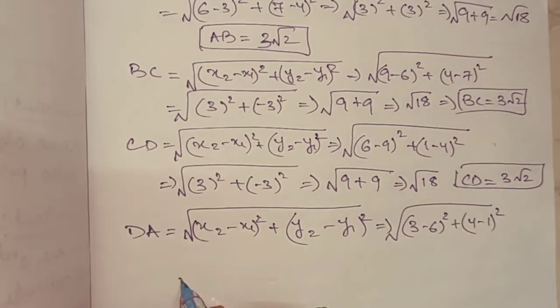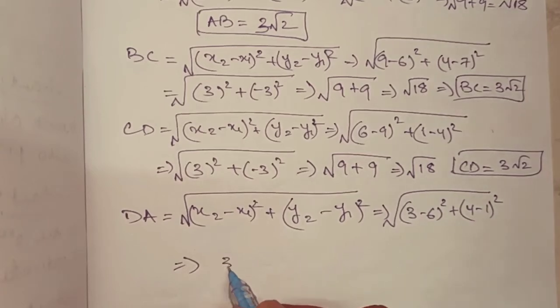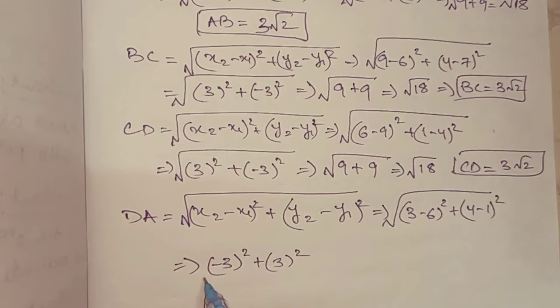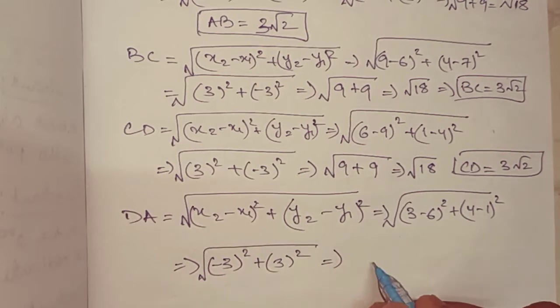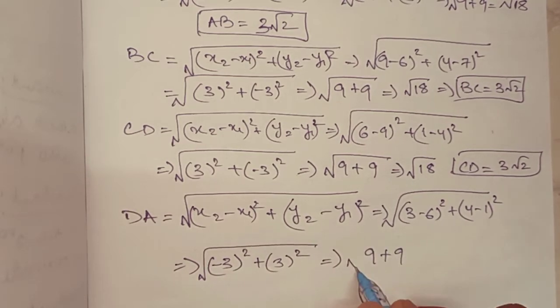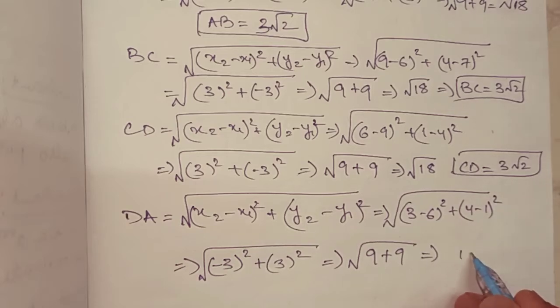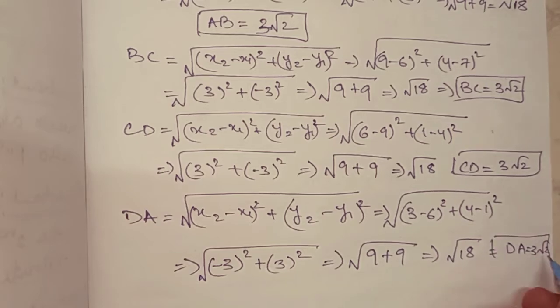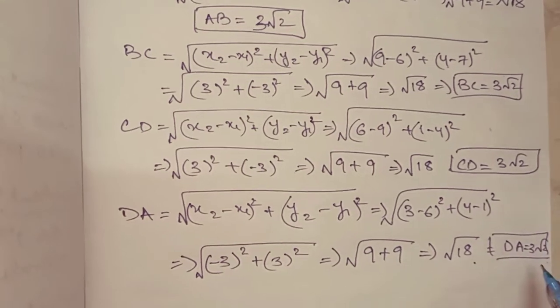We get minus 3 squared plus 3 squared, under the square root. Minus 3 squared is 9, plus 9, so square root of 18. So DA is 3 root 2, because root 18 is 3 root 2.